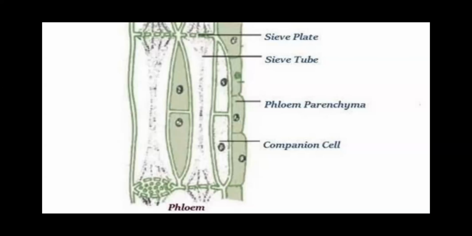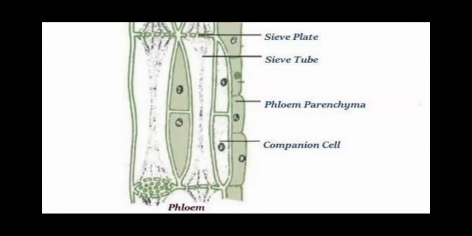A quick recap about the sieve tube and the companion cells. Sieve tube elements are long tubes made up of many units known as sieve tube members placed one above the other, having their end walls meeting each other, being perforated.